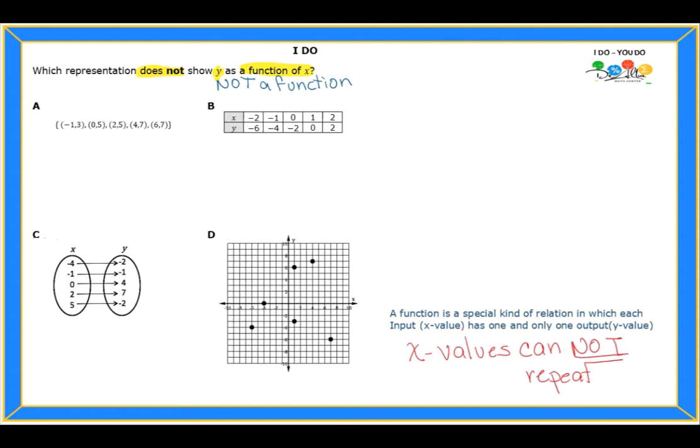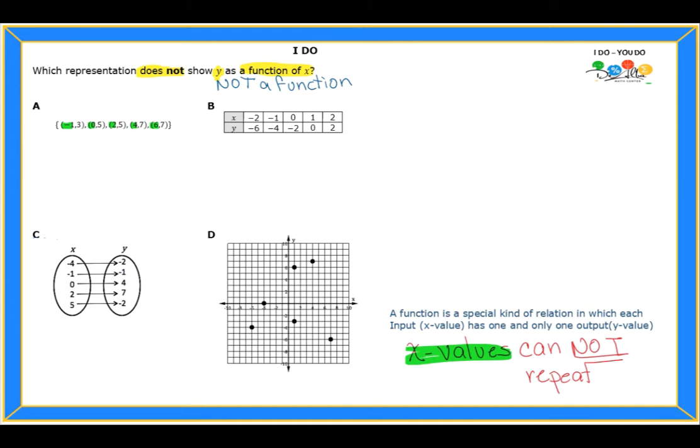Okay, so that means that when I look at my answer choices, I'm going to focus on the x values only. Okay, only the x values. So let's look at letter A, for example. And I want you to look at the x values here. Are my x values repeating?